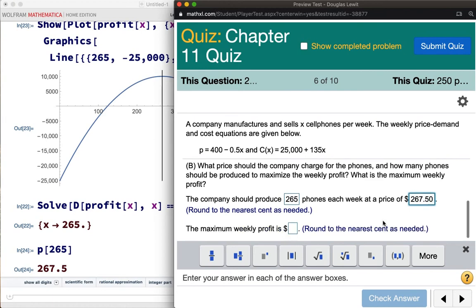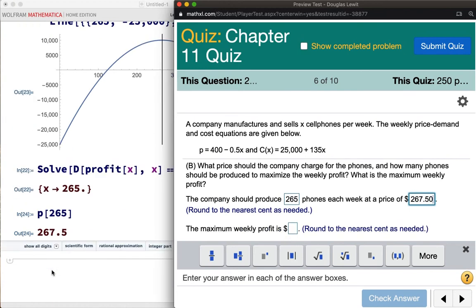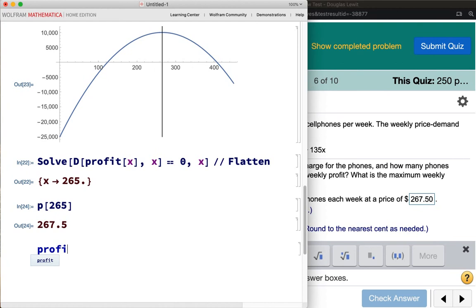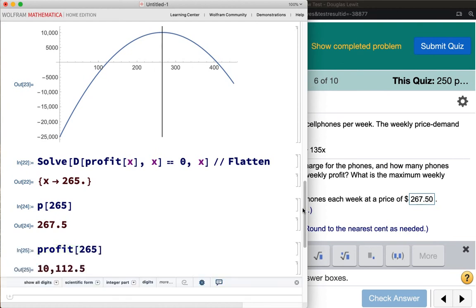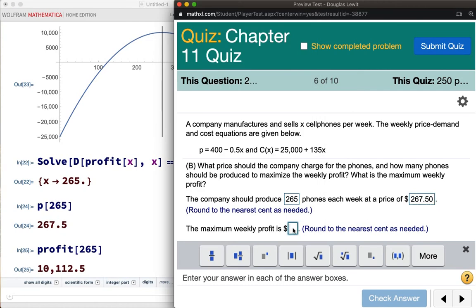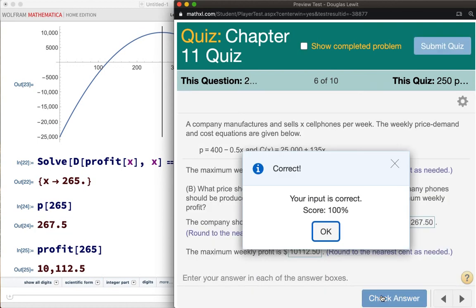And the maximum weekly profit is going to be profit of 265, $10,112.50. So let's see if Pearson accepts these answers. Okay, your input is correct, score 100%.